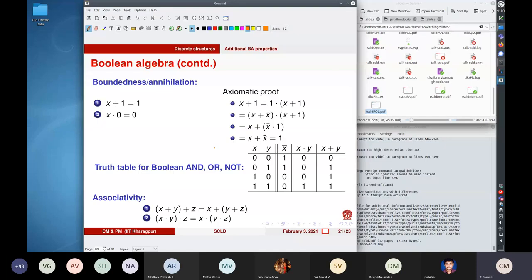You have the same properties in a lattice, but these properties can also be proven using Huntington's postulates. Now you can define the and, or, and not operations through these truth tables, as indicated.